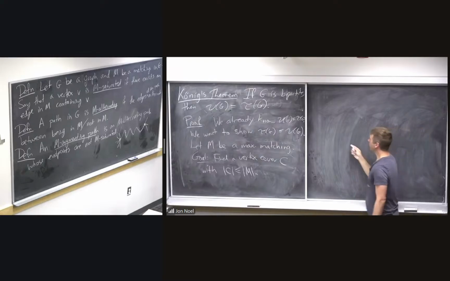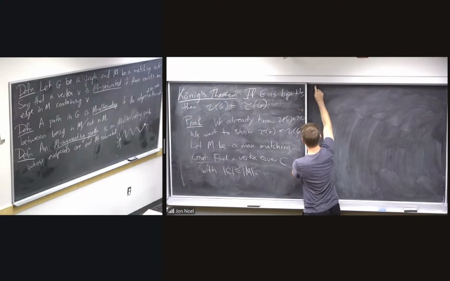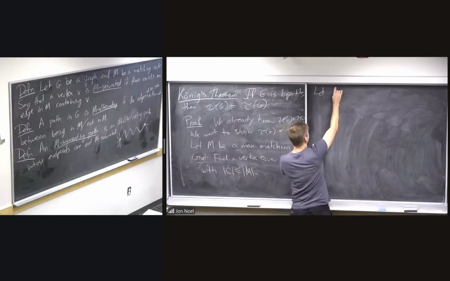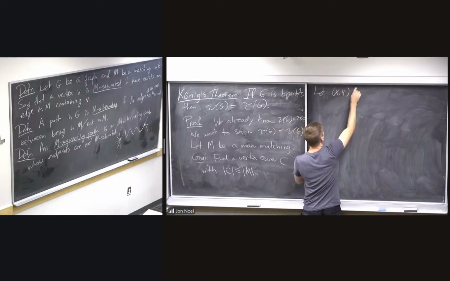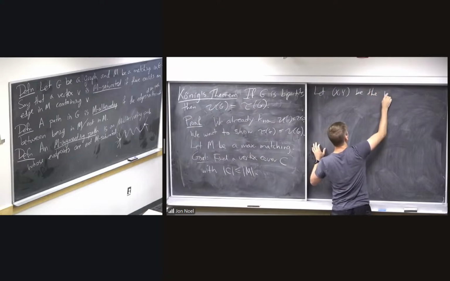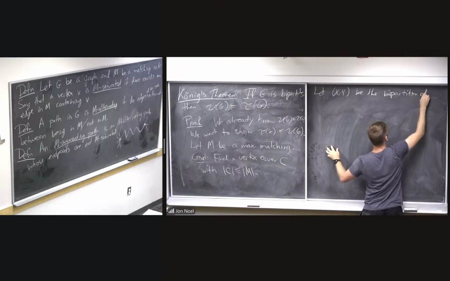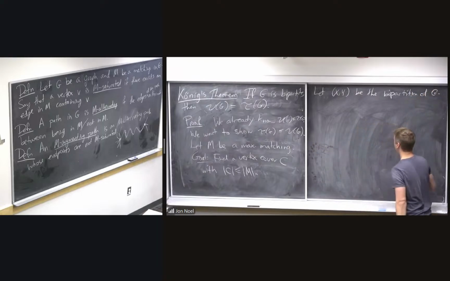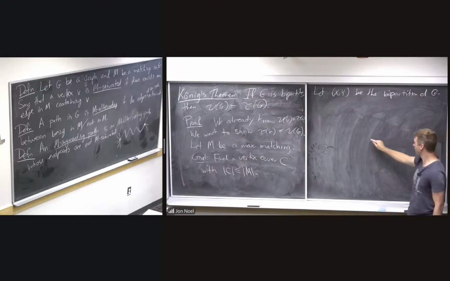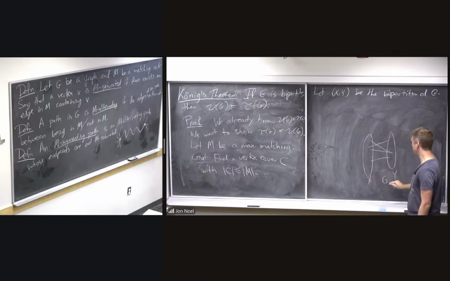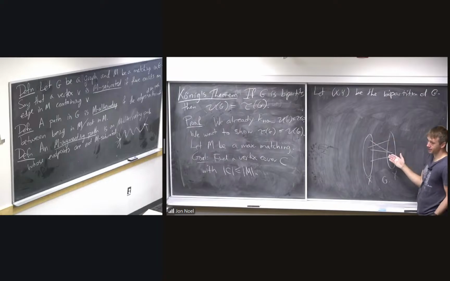All right, so we're going to need to think of the two sides of the bipartite graph separately. So let X, Y be the bipartition of G. So all the edges go from X to Y. Some of these edges are in the matching and some of them aren't, right?